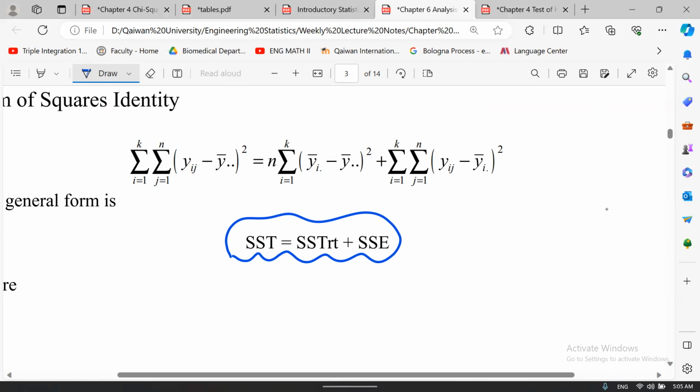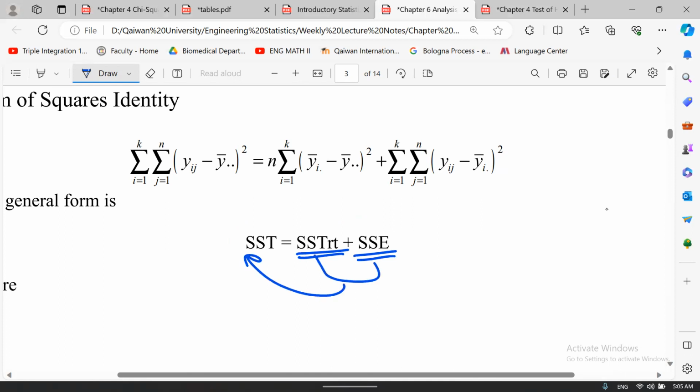It's enough to find just two of them that could be calculated from the given table. And then the third one depends on the other two. For example, if we find SSTRT and SSE, the sum of these two is SST. So you could get SST also if you just find two of them.